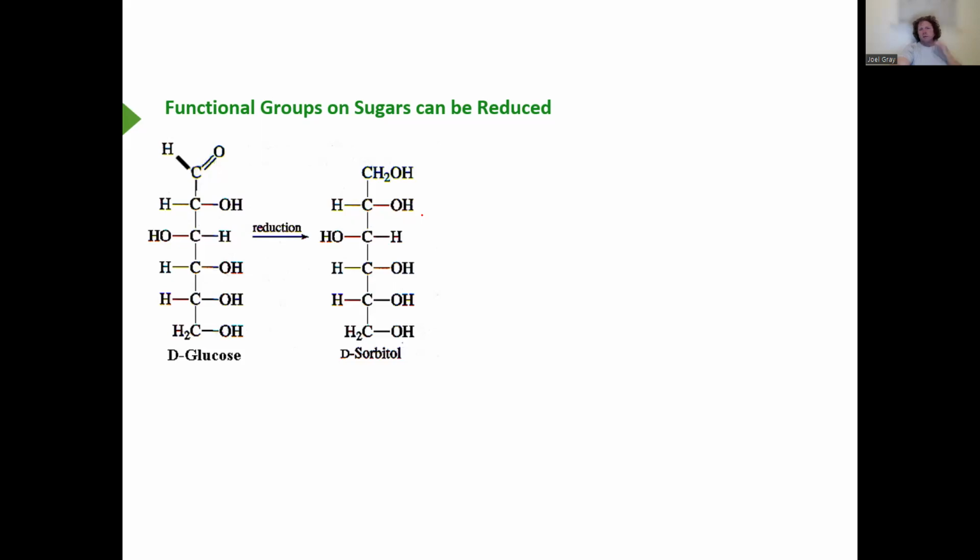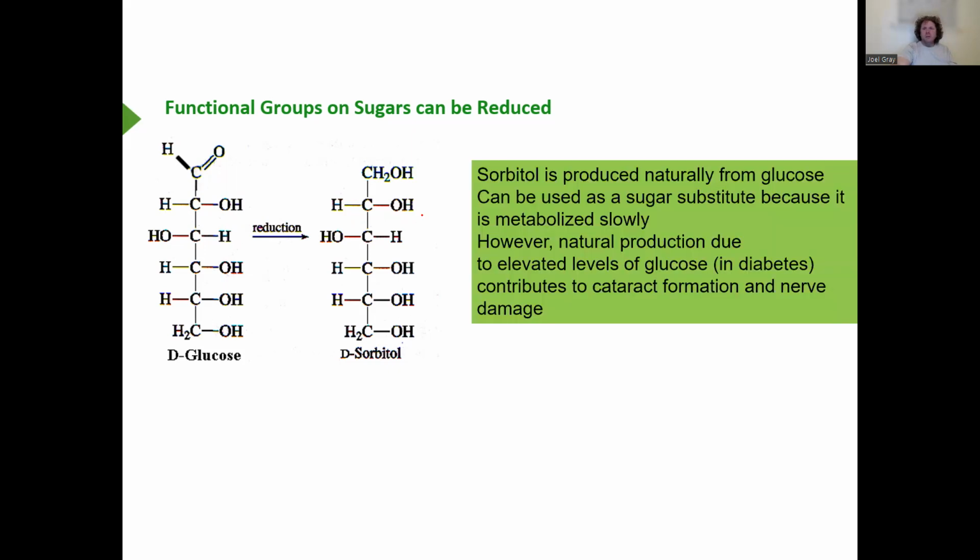In this case, our aldehyde, carbon number 1, goes from an aldehyde to an alcohol. Sorbitol is produced naturally from glucose. It can be used as a sugar substitute because it's metabolized very slowly. Its natural production due to elevated levels of glucose in diabetes contributes to cataract formation and ultimately nerve damage.